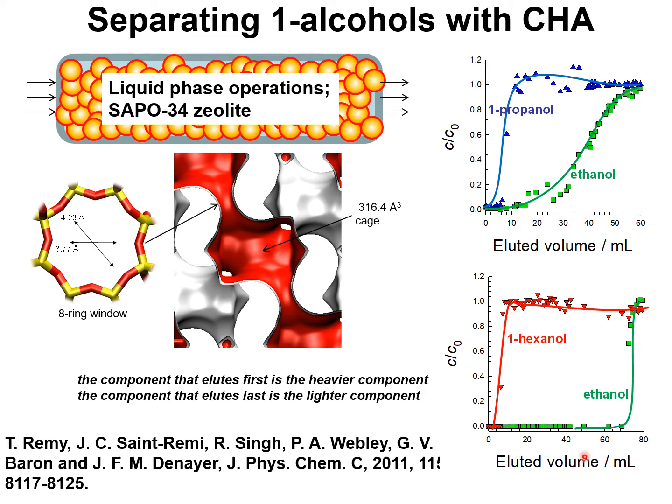Here's the breakthrough experiment for methanol, propanol, and butanol. The first component to break through is the heaviest component, butanol. This is followed by propanol, and the last one to break through is the shortest methanol molecule.